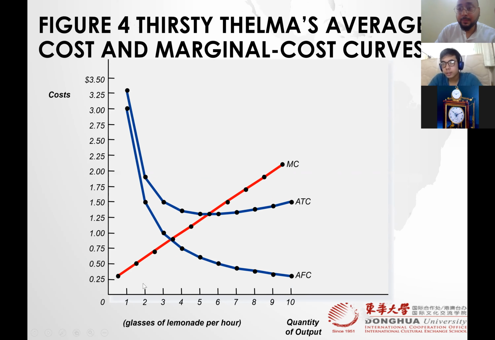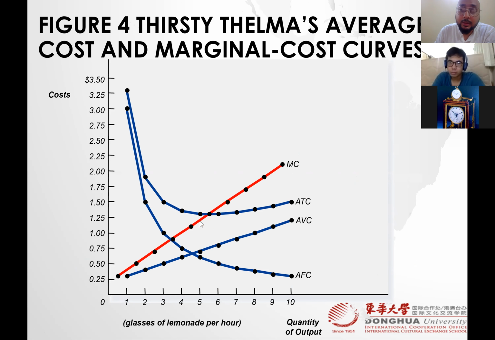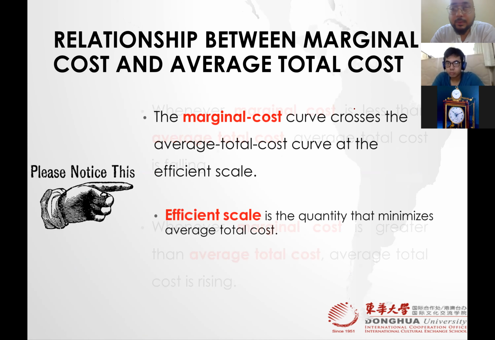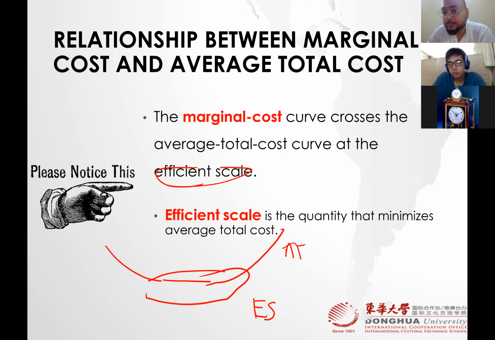So you see, the MC is crossing the average total cost at the bottom of the U-shaped curve. So if this is the bottom of the U-shaped curve, MC crosses at its minimum, right? So that is also one behavior to note, and that is MC crosses the average total cost at efficient scale. We know that the bottom of the U-shaped curve is called efficient scale, right?